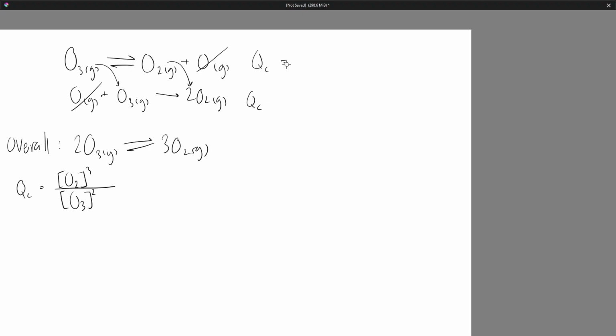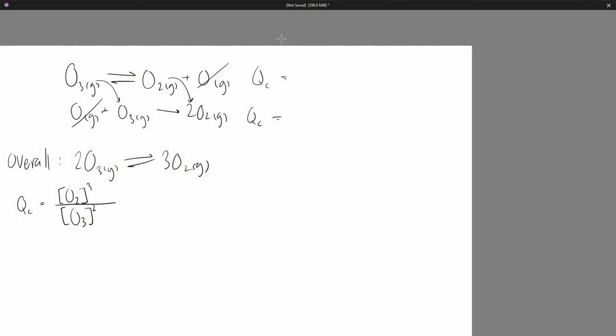Okay, so let's start off by finding each step's QC. So, disregarding all of this stuff right here we just did, let's try to find the QC. Let me just clean it up real quick. Okay, so like I just did, it's the products over the reactants.